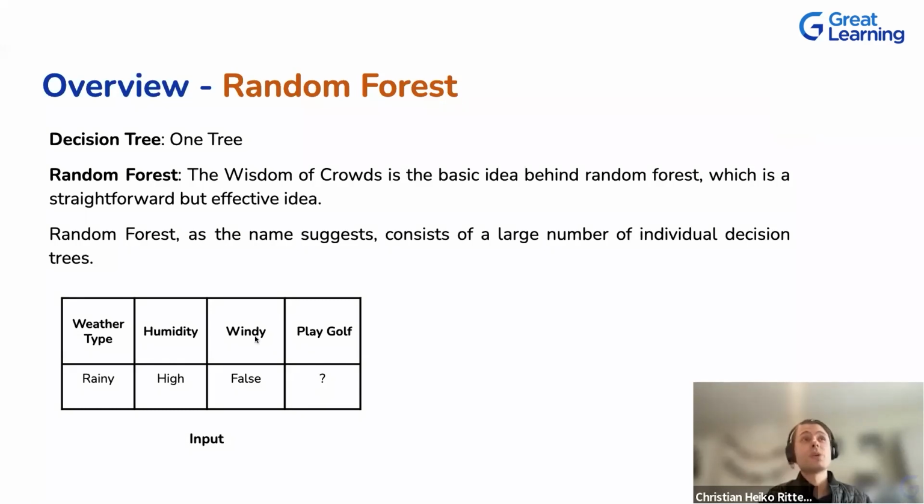If we want to get a really performant algorithm, we would want to use multiple trees. You might say, what's the advantage of multiple trees? Combining multiple trees has the advantage that if each tree makes a certain amount of mistakes, then with many of them, it's unlikely that many of them make the same mistake, and they are independently built.